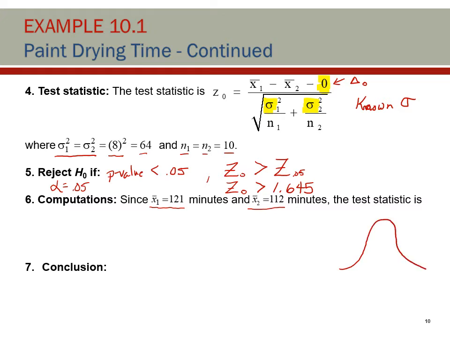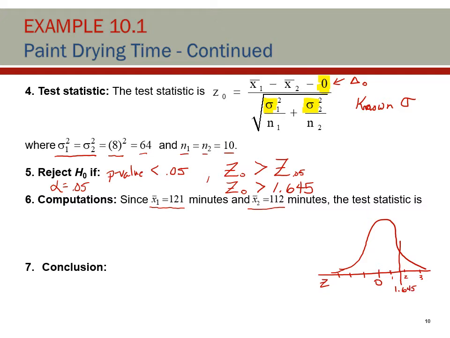Right. We're still working with a normal curve. This is the Z distribution, so it's centered at 0. There should be 3 standard deviations on either side of that 0. 1, 2, and 3. And our Z alpha value is at 1.645.